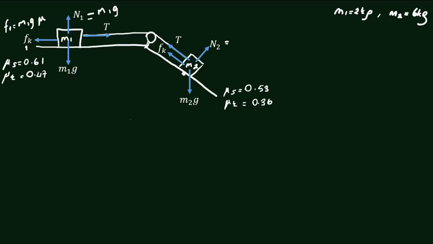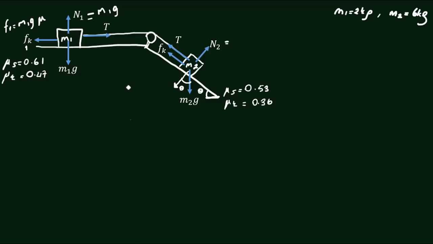Let's write down what N2 is. Well, N2 is this component of the M2G vector. Why? Because the normal force will be the sum of all the forces acting towards the surface. And the tension and the friction force are parallel to the surface. They have no component perpendicular to the surface. The only force having a component perpendicular to the surface is M2G. So this angle will be theta, because this angle is given as theta.